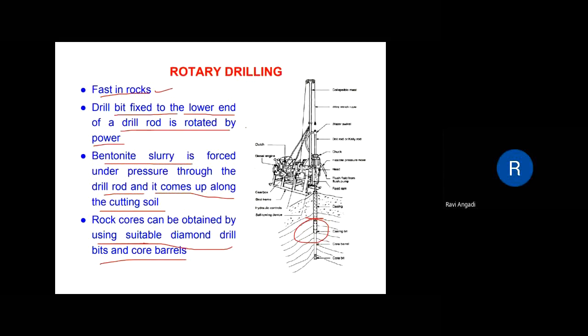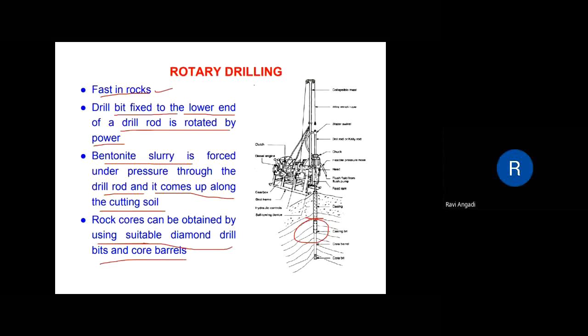Some methods are very useful for soft soils, and some methods are very useful for rock type of strata, or clay type of strata, or sandy type of strata. So each method has its own significance, and as the soil in charge or the geotechnical engineer, he should know what method is to be used to get the information about the soil strata.